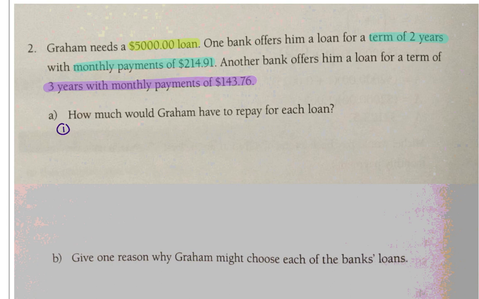So we're going to look at loan 1 here. Loan 1 is a term of 2 years for monthly payments of $214.91. Okay, so $214.91 times your 12 months in a year times your 2 years. And what does that give you?